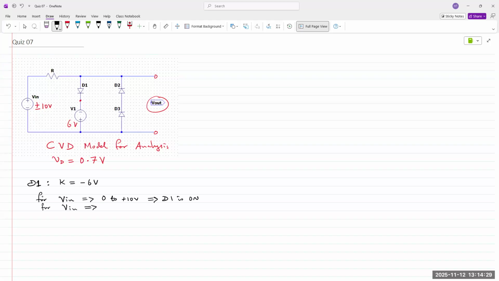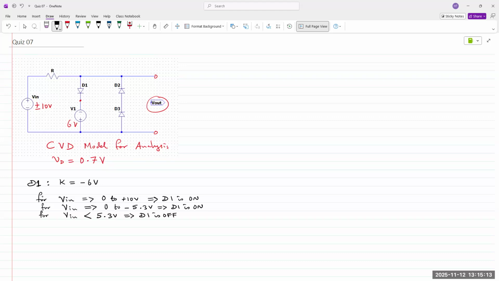Or V in below 0 all the way down to minus 5.3, D1 is on. In order for it to turn off, V in must be lower than minus 5.3. Let's put it this way: lower than minus 5.3, D1 is off. Okay, that's one branch.